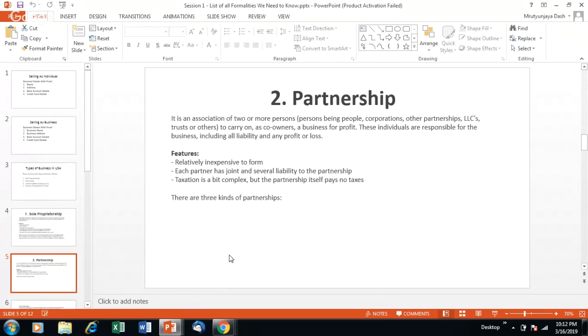So here also we'll be paying individual income tax in India. Yes, this is similar to a sole proprietor. The only difference is that two people are combined to make this partnership. As far as the legal and taxation perspective is concerned, it could differ a little bit.